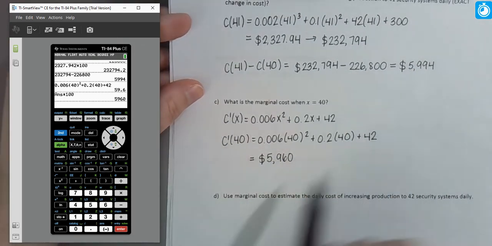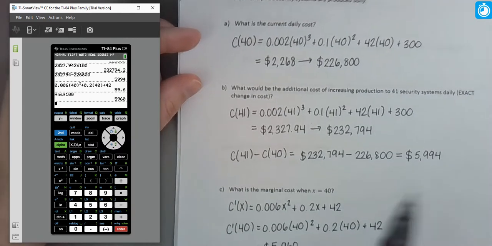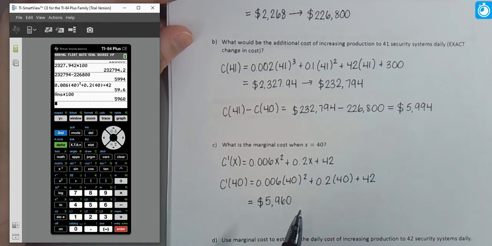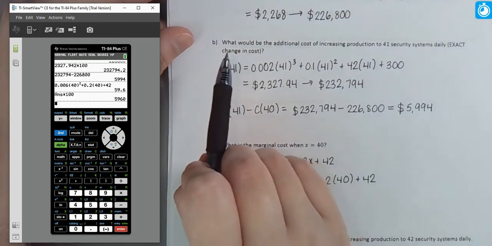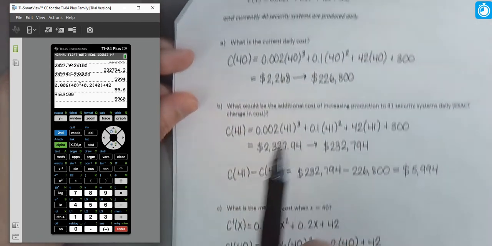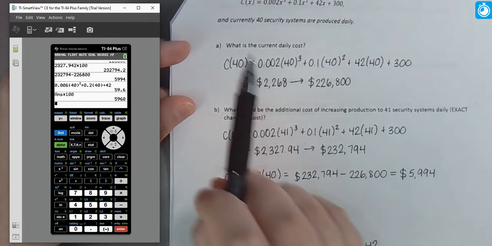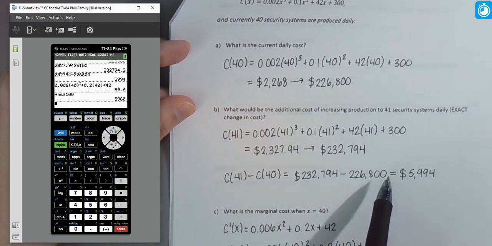But why would we use this approach? Well, notice how much less work it took. Number one, when we took the derivative it became a simpler function than the original function. And we also only had to do one function evaluation. So if we want the exact change in cost, notice we needed the new cost at the higher production level, the current cost at the current level, and then we had to subtract the two.